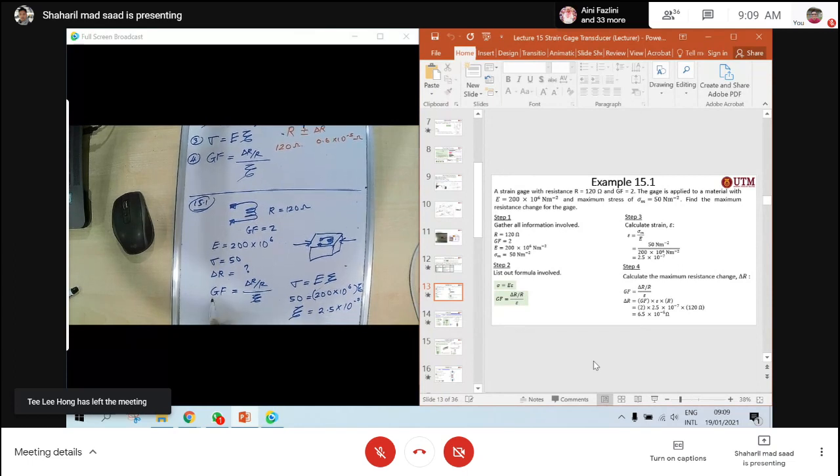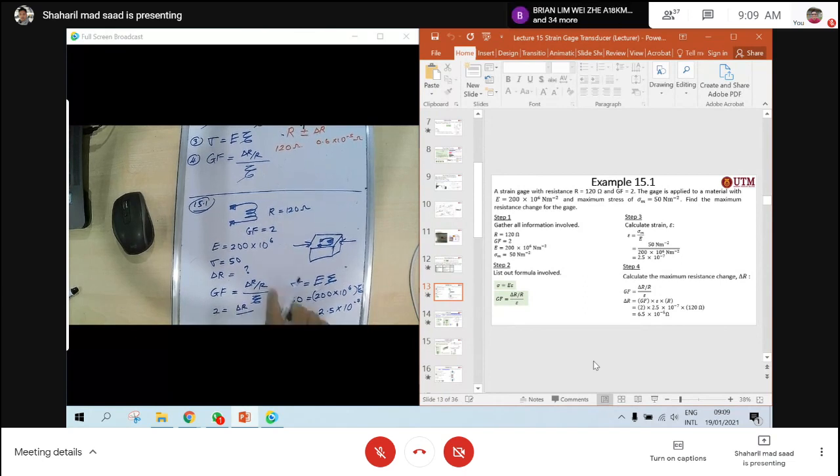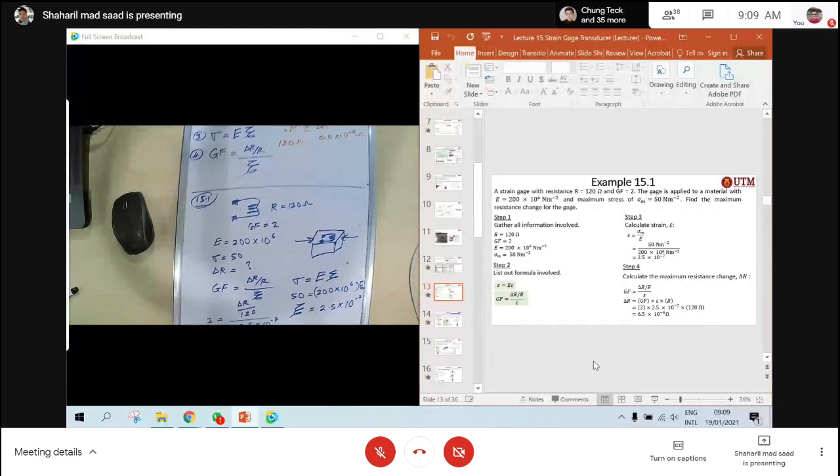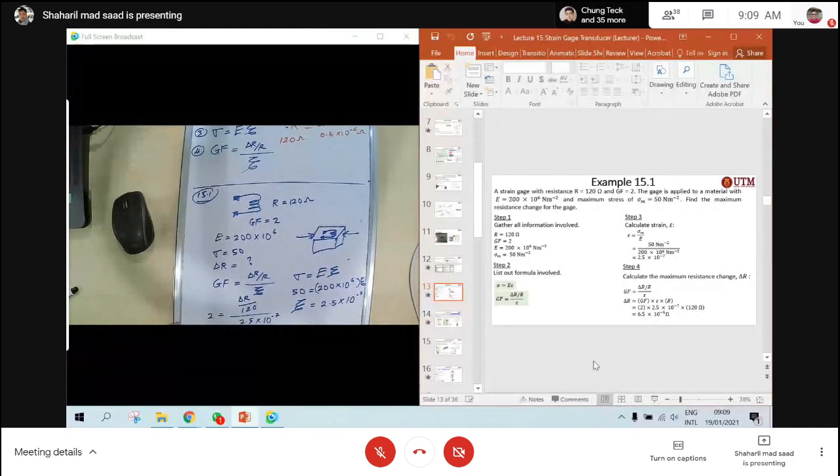Then we can apply the gauge factor: delta R over R, with the initial value 120 ohm, divided by the strain 2.5 times 10 power of minus 7, equals 2. Then we can get our delta R here.